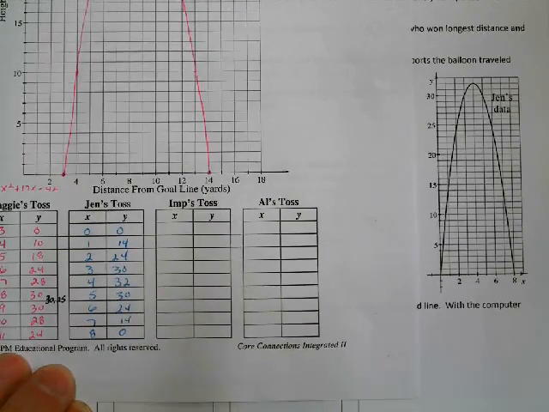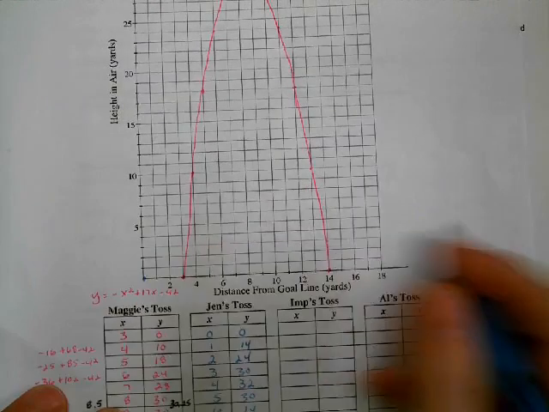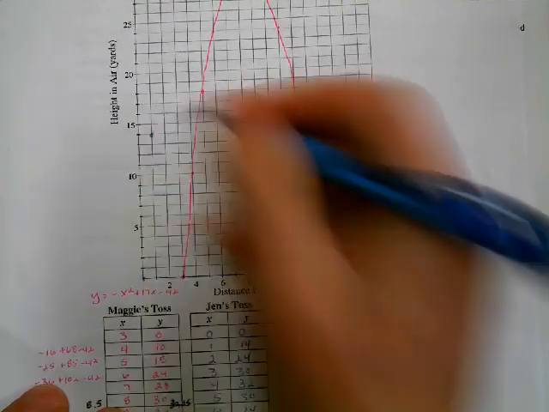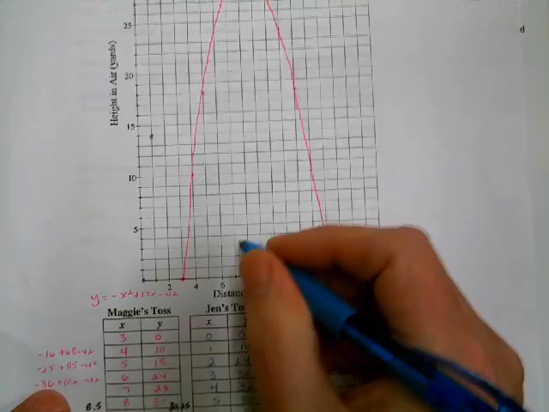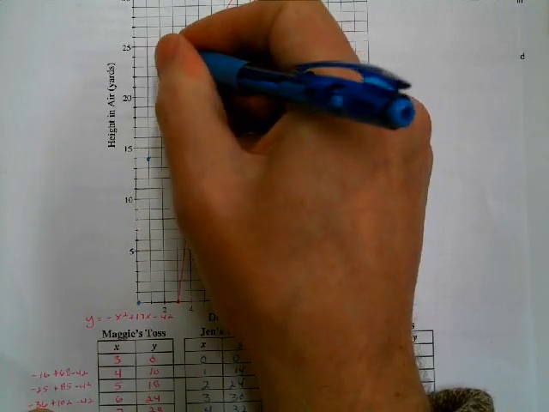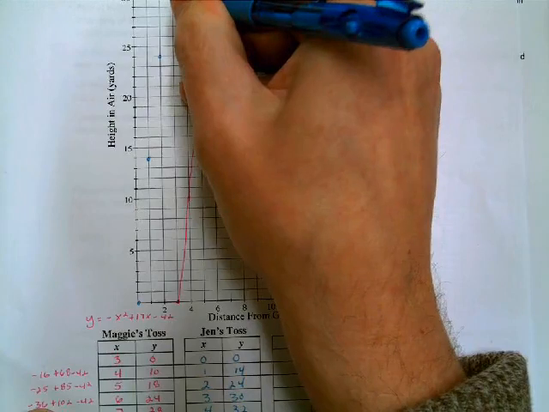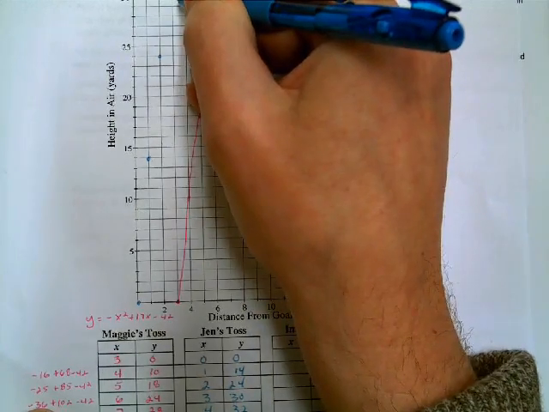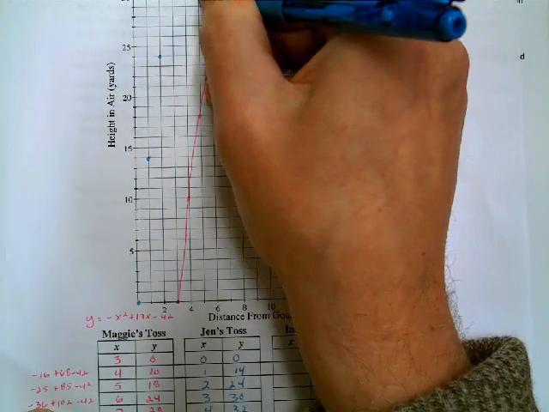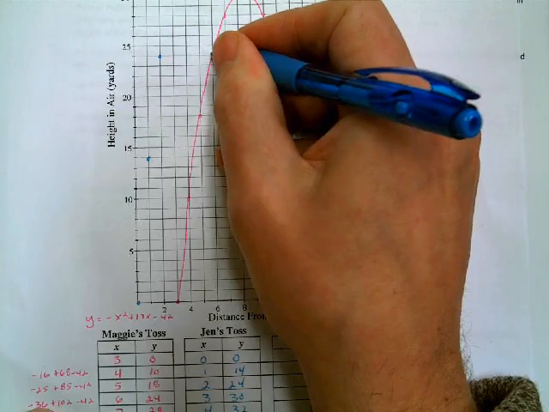All right, so let's go ahead and graph that. 0, 0, 1, 14, 2, 24, 3, 30, and then our vertex was at 4, 32, and then it makes a reflection on the way back down. Looks like they collide right there.